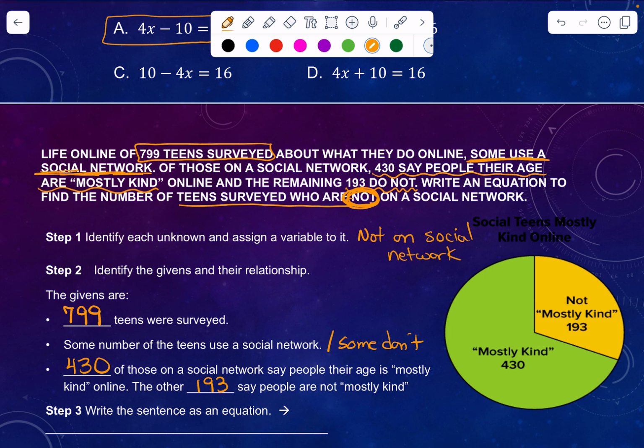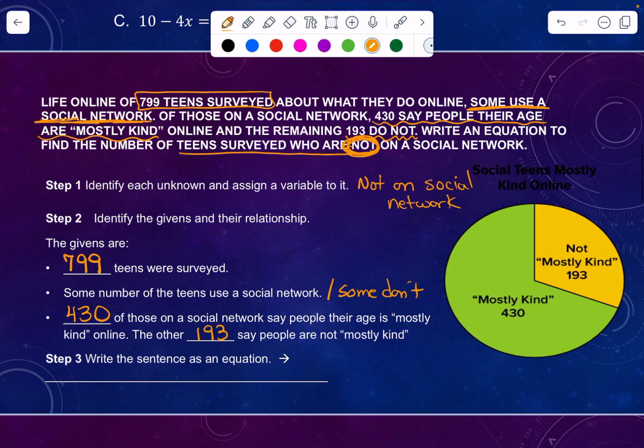So we need to write an equation now for this. The first thing I'm going to do is assign a variable. Let's just use n. N is going to represent not on a social network. To write our equation, we're going to start by looking at the total. How many total were surveyed? 799. Now, how am I getting that total?